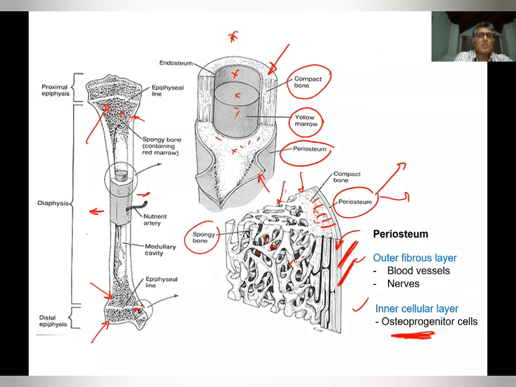From the inside, osteoclasts can eat the bone. From outside there is growth of bone, so it grows in thickness and the cavity size also increases. So that's another way of growth of the bone.